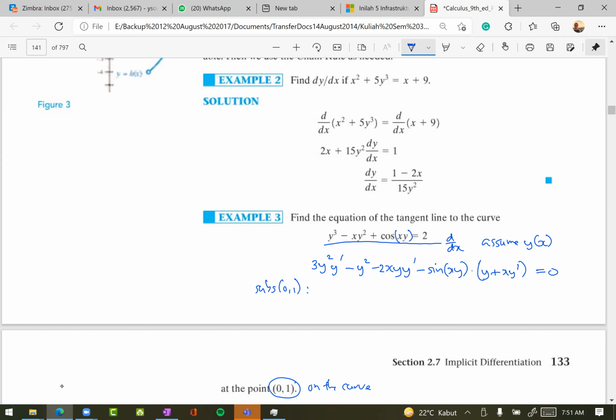Okay. So this is what you get when you plug in 1. That's y. So this is 3y squared and y prime. This is 1. And this is 0. Minus sine 0, which is 0.